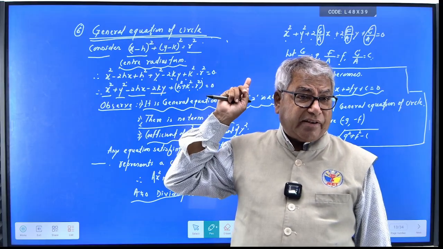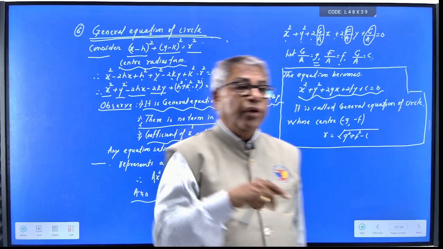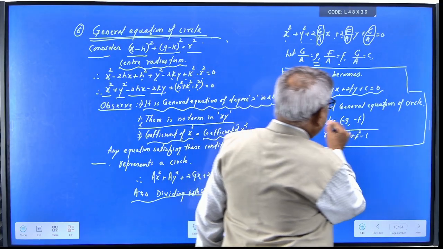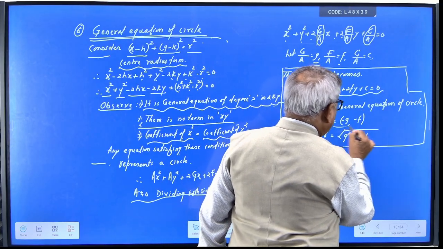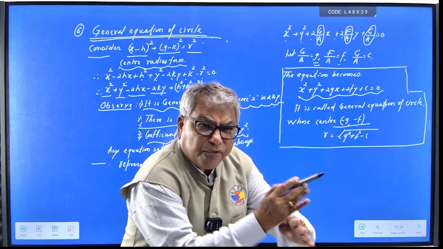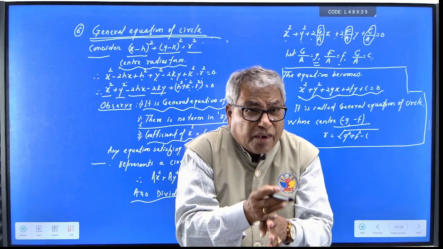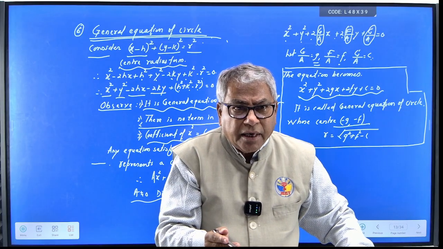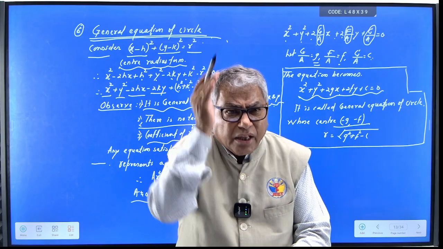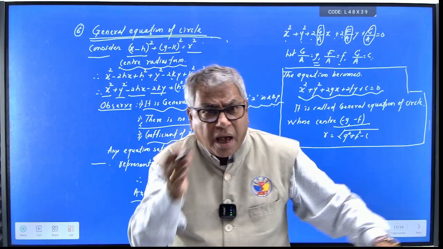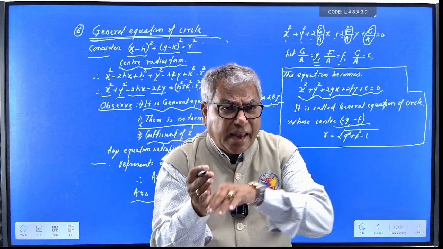Remember, comparing with the center-radius form, we directly get the center as (−g, −f): half the coefficient of x with opposite sign for the x-coordinate, and half the coefficient of y with opposite sign.